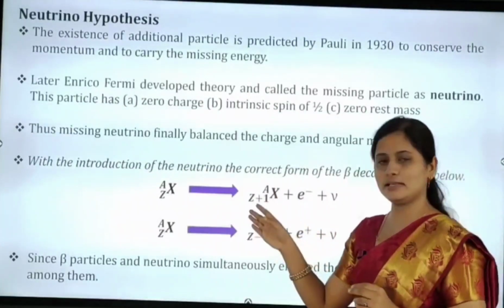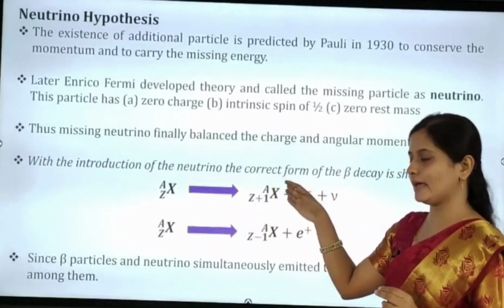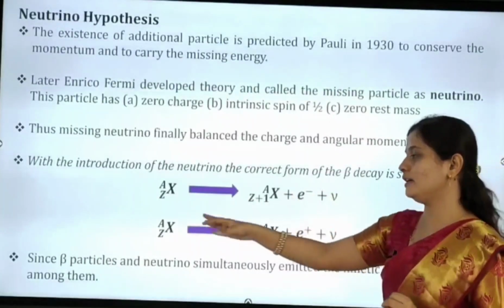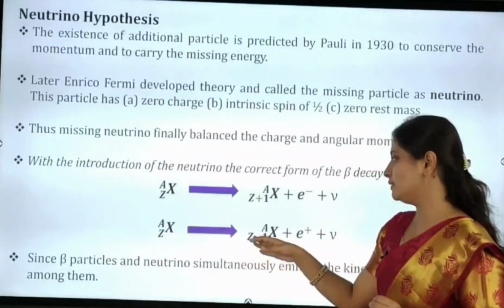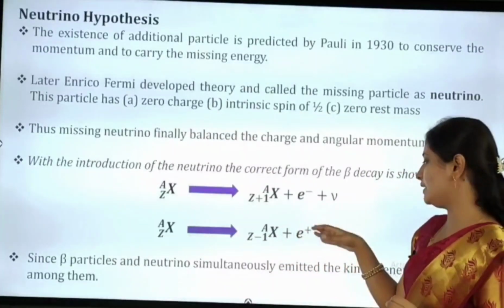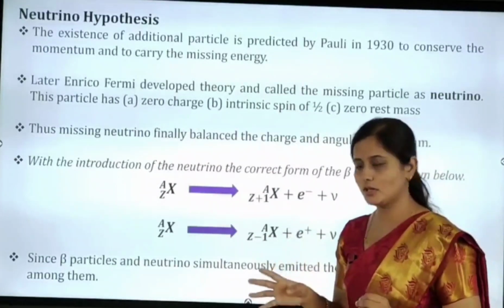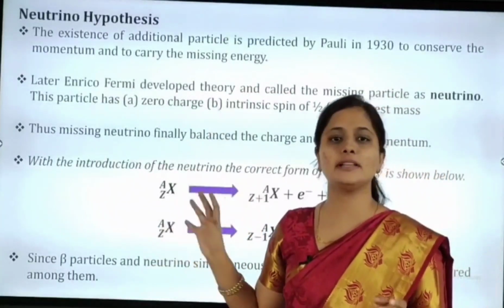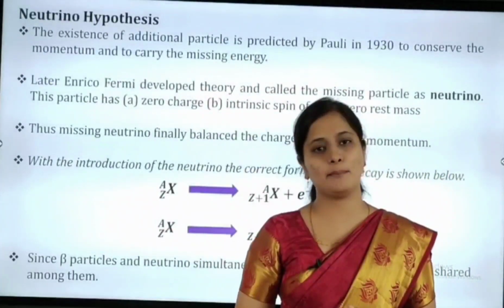So Z X A goes to Z plus 1 X A plus e minus plus the antineutrino, and Z X A goes to Z minus 1 X A plus e plus plus the neutrino.